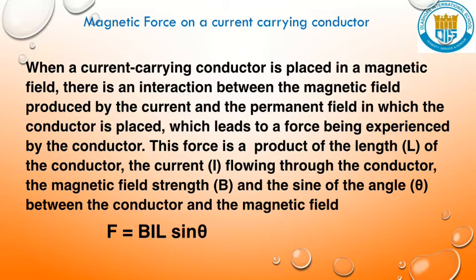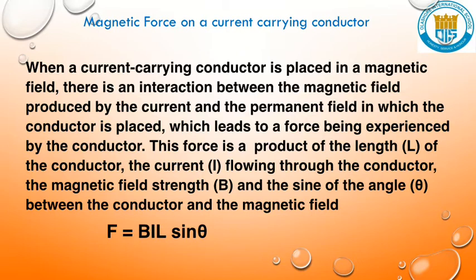Now, if you place that conductor into the magnetic field of maybe another magnet, so now we have two things that have magnetic field. There is a magnetic field due to the current flowing in the conductor, and there's also the magnetic field of the magnet itself.